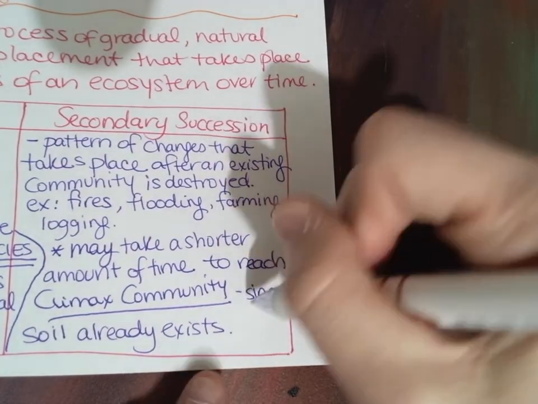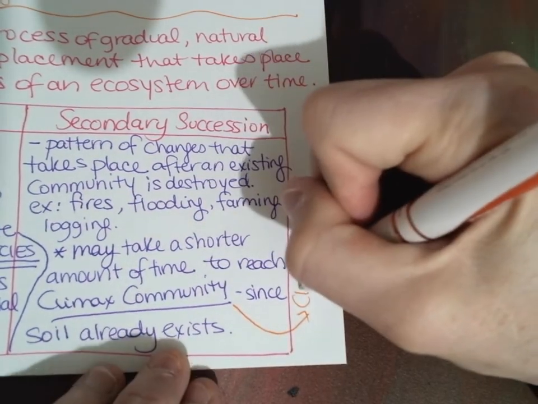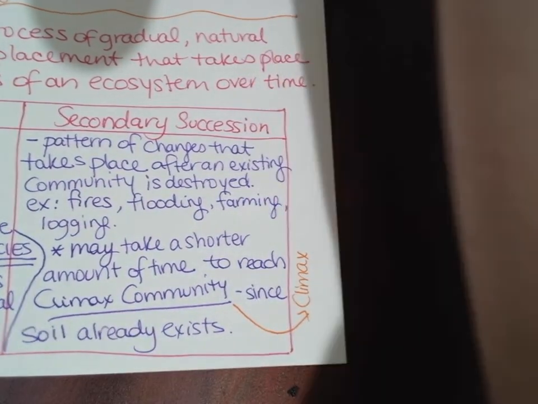The last thing we're going to write is defining climax community. Since I have run out of most of my room on my page, I'm going to write it over here in this section. I'm just going to draw an arrow and define climax community. I'm going to turn it so that you don't have to look sideways.